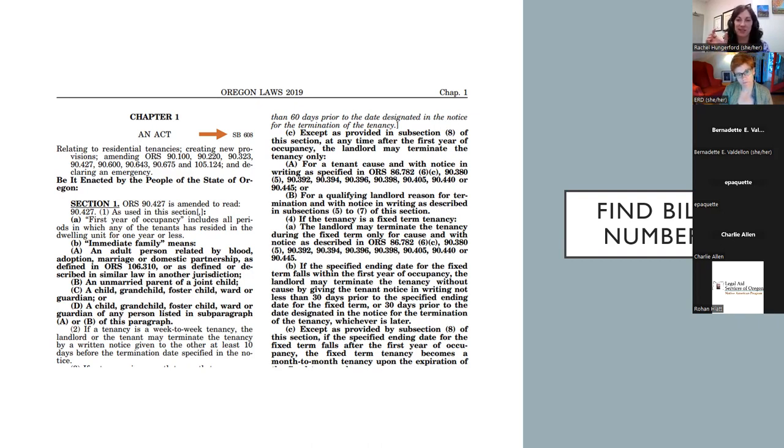You would look at each session law identified in the source note, check the session law. Is that where your term or phrase got added? If so, then look at the beginning of that session law and you'll find the bill number. So it's going to be Senate Bill 608 from the 2019 session. All of that has to happen before you can even start looking for the legislative history. You have to know the history of which bill.